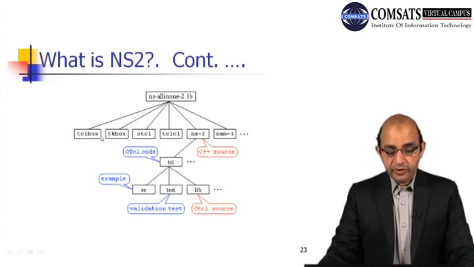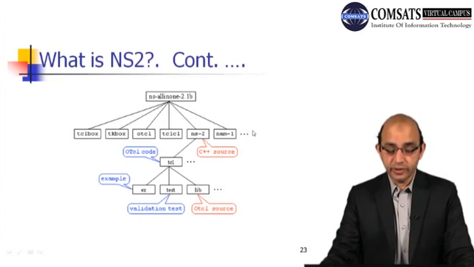Here we have different directories, right? And the hierarchy of NS2: NAM, NS2, TCL-CL, OTCL, TK box, TCL box. And in TCL we have examples. We can also test in order to validate our NS2 tool, and here we have the library.